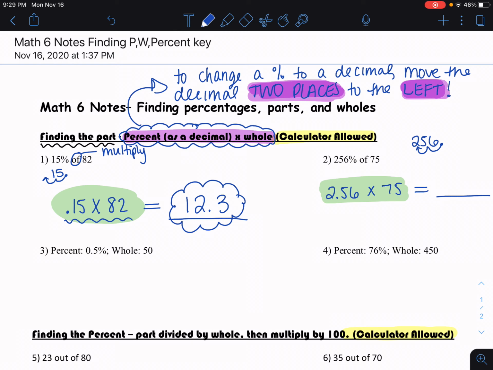So I'm going to open my calculator. 2.56 times 75 is 192. It makes sense that the part would be 192 because the percent is bigger than 100%. So your part is going to be bigger than your whole.